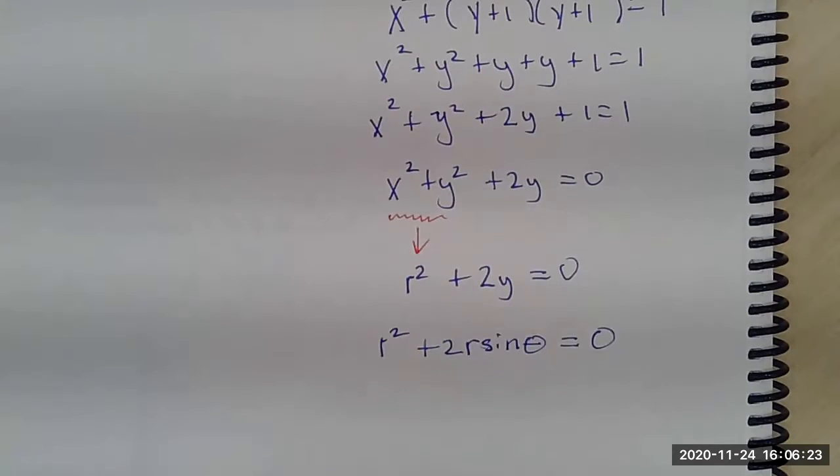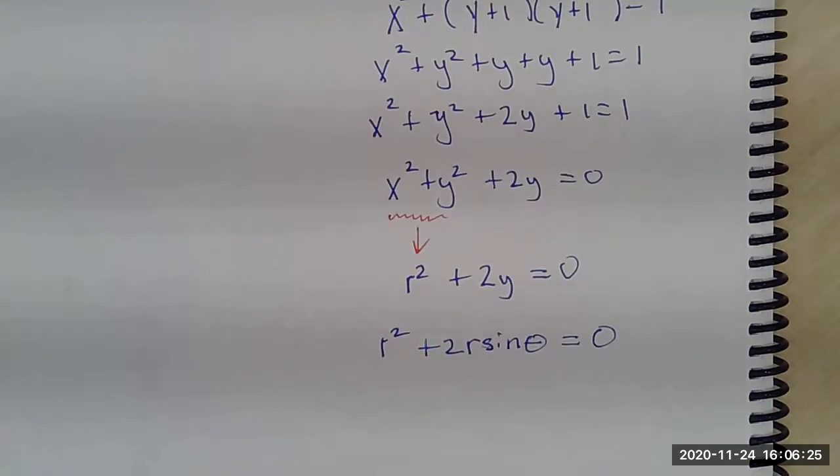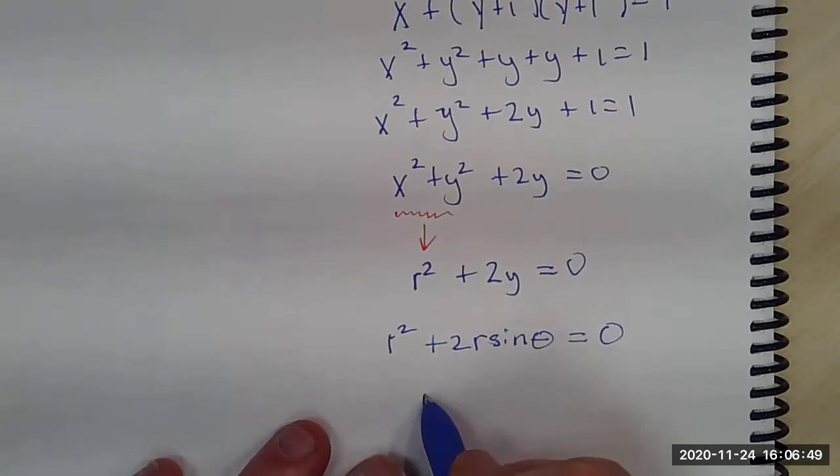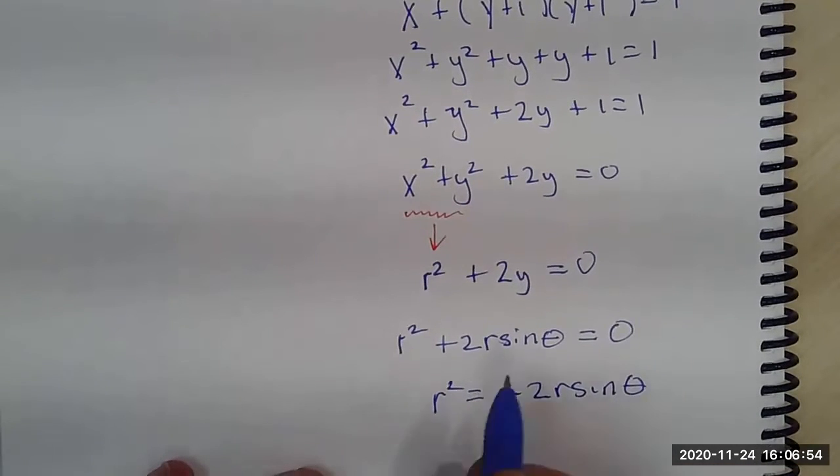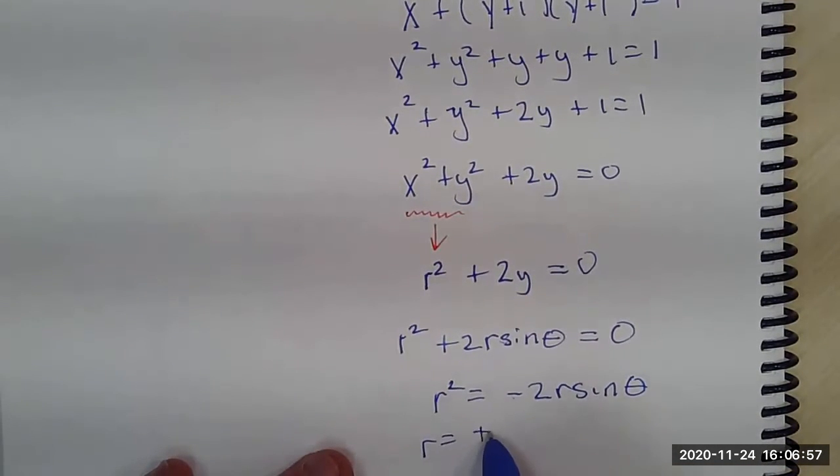Now I've accomplished getting the equation in polar form. I would be done unless the multiple choice answer key doesn't show this version, then you'll have to mess around with it to see which answer looks like it, but in a different form. So I'm going to try to get r by itself, which is not a lot of work. r squared is equal to negative 2 r sine theta. r equals positive or negative.